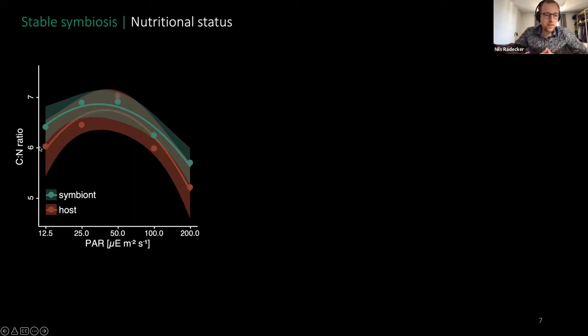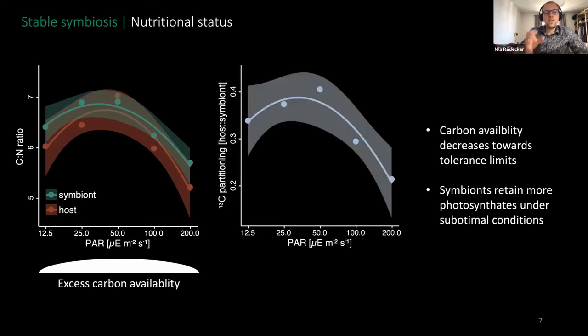And we said before that these algal symbionts try to only share excess nutrients with their host. And we indeed see that when we look at the partitioning of assimilated photosynthetic carbon via 13C isotope tracing, in this case bicarbonate.